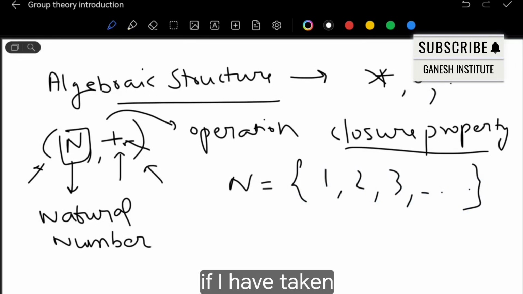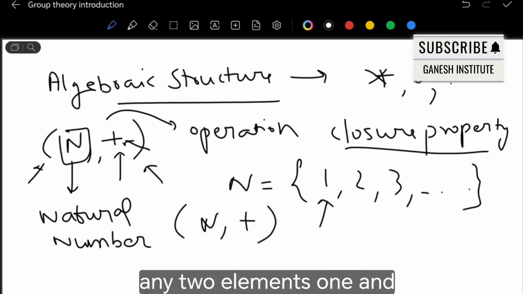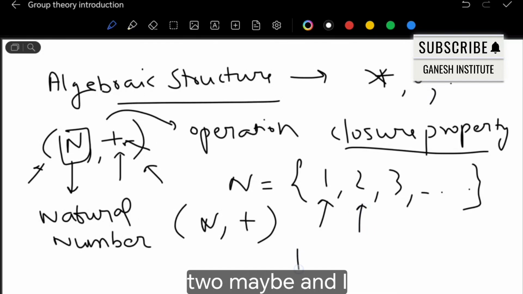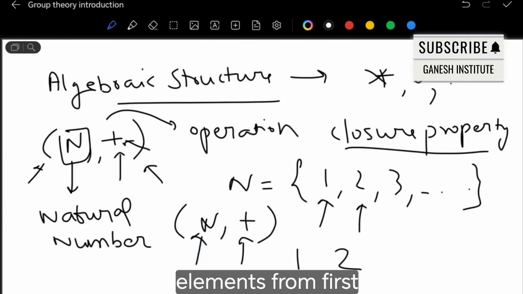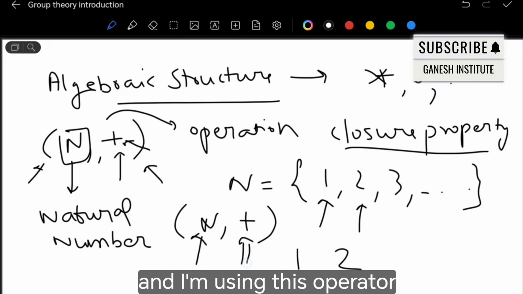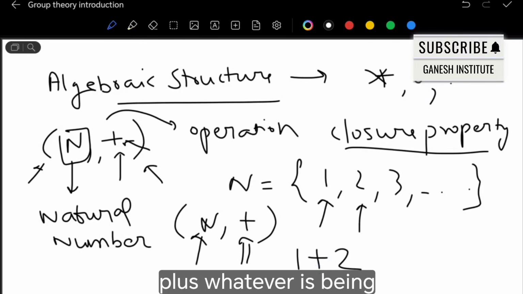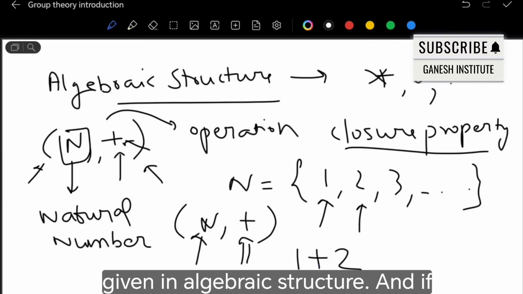If I have taken natural and plus, okay? If I take any two elements, 1 and 2 maybe, and I apply this operator, I'm taking the elements from the natural number set, and I'm using this operator plus, whatever is being given in the algebraic structure.